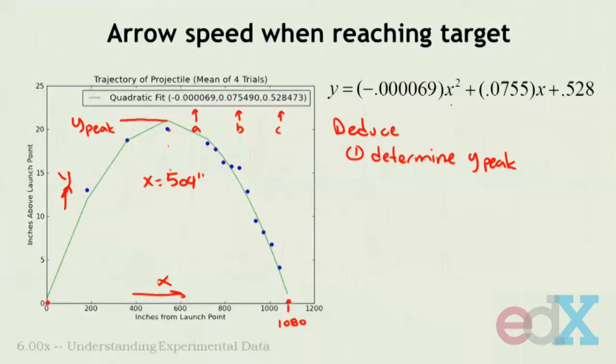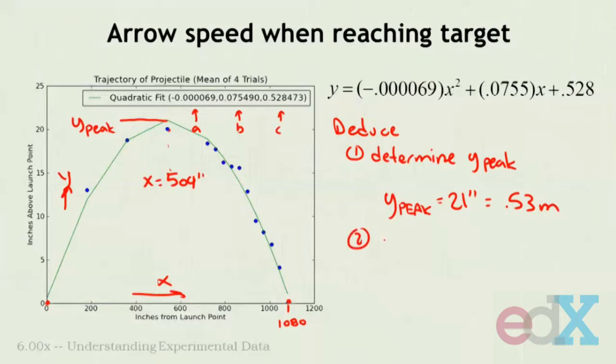So I can plug that into my mathematical model to compute y peak. Plugging in x equals 504 and doing the arithmetic, I end up with y peak being 21 inches, which is 0.53 meters.